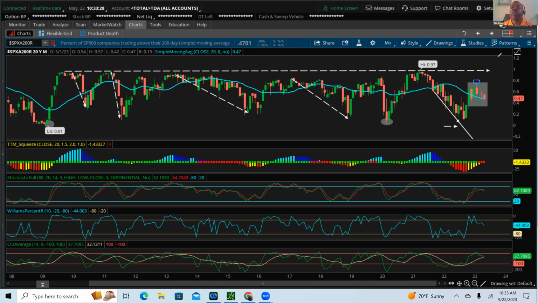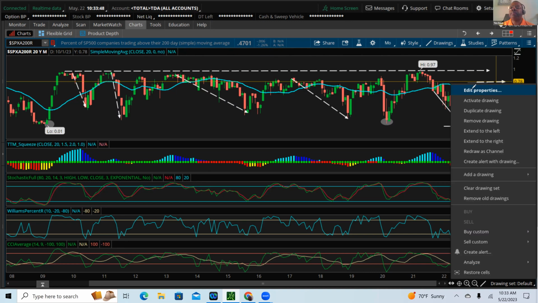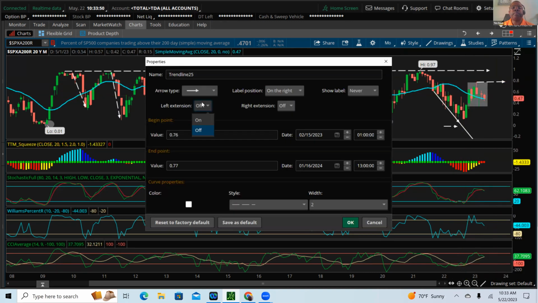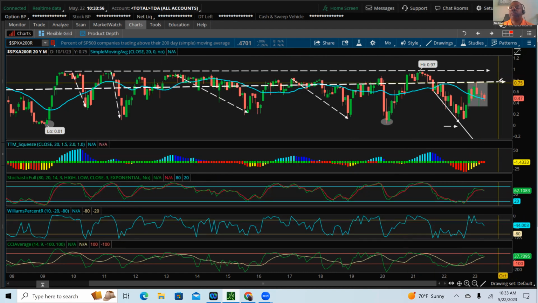But if I was to draw a trend line from this level, this is around 77. So if I was to extend this trend line all the way back, let me straighten that out.